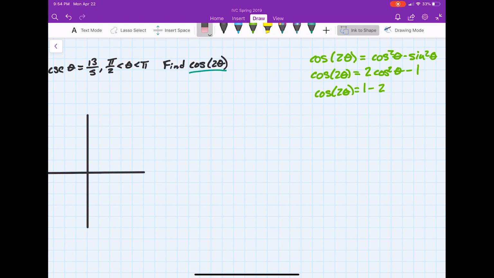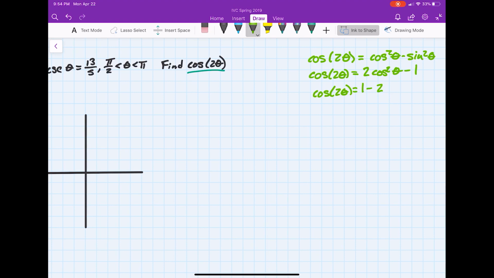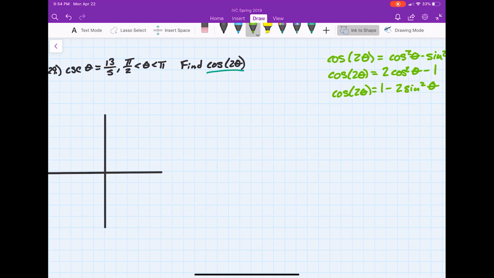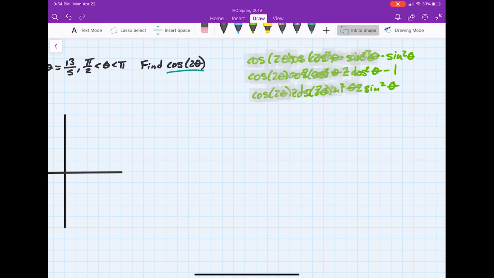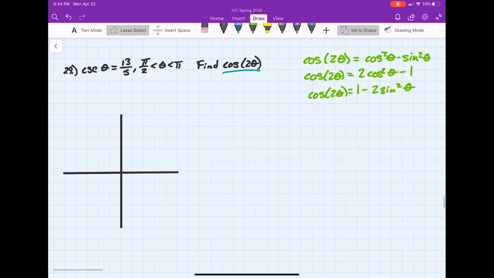Let me move these over. I shouldn't have started so far over. I'm trying to save myself room. All right.